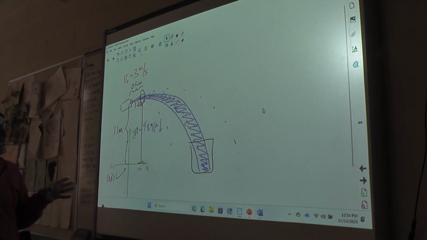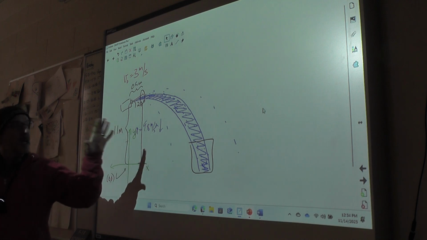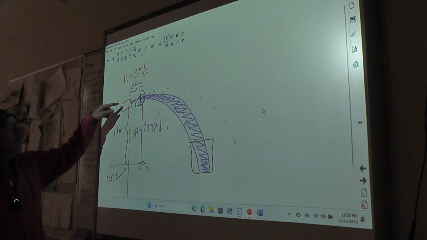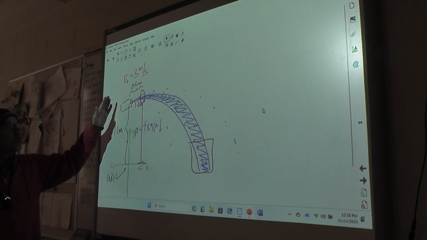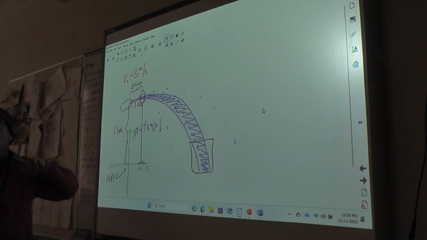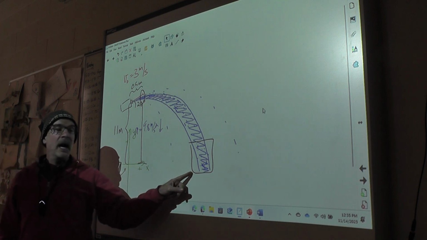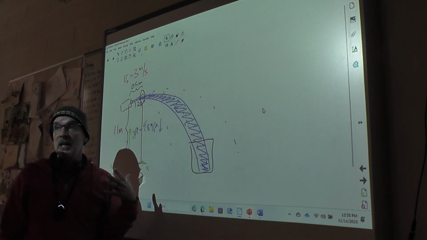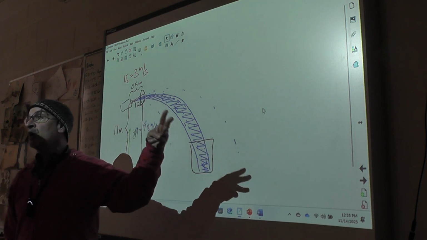And then the other piece is that we're changing some of the parameters as well. Once you've got everything dialed in for this scenario, what happens if you raise or lower the launcher? What happens if you change the angle of the launcher? What happens if you change the location of the hoop or the height of the bucket that it goes into? All of those things may make a certain set of parameters work better or worse than others.